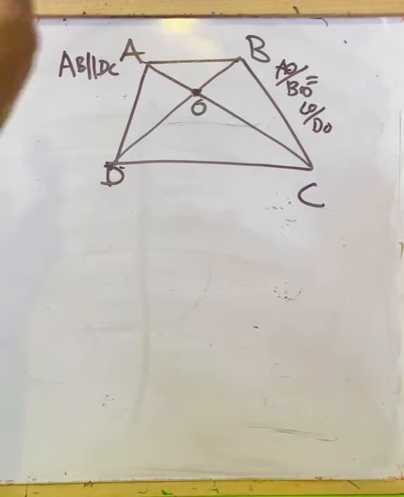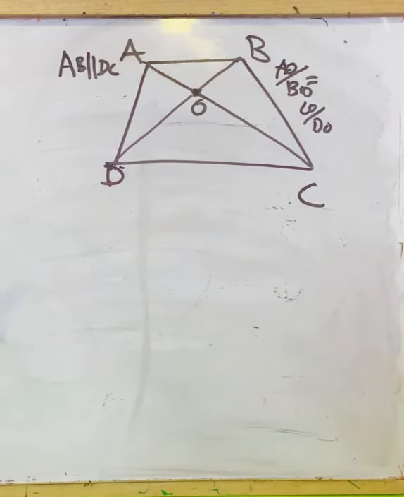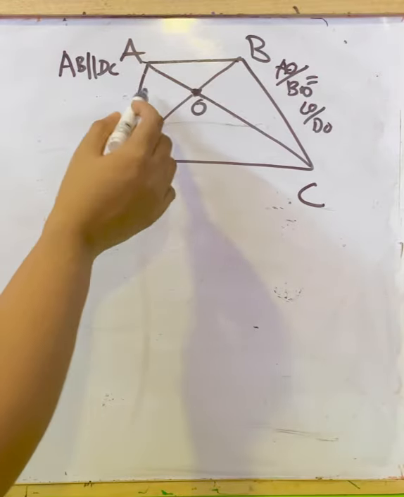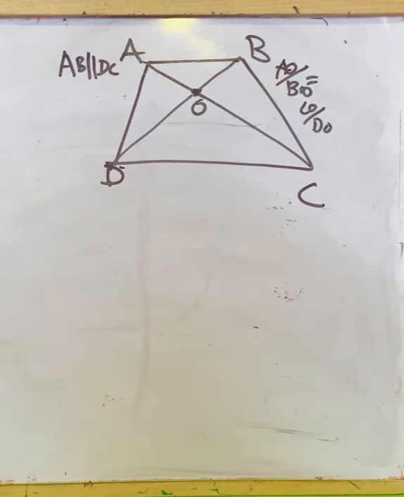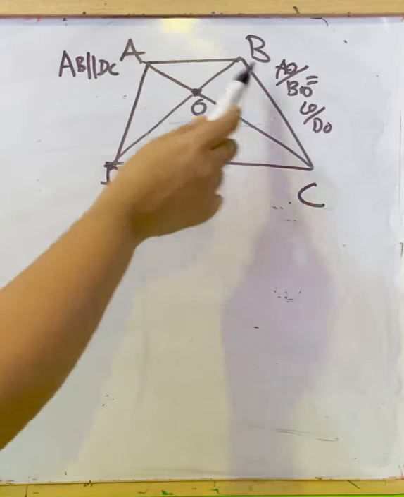Now, for this proof, we have to construct a line. Because in this, we can't use directly the basic proportionality theorem. If we want to consider basic proportionality theorem to prove this, either we should have a line in any of the triangles which is parallel to the third side, or the proportionality of the sides must be given. Here the only given thing is AB is parallel to DC.